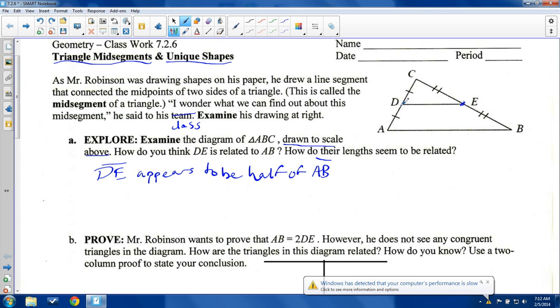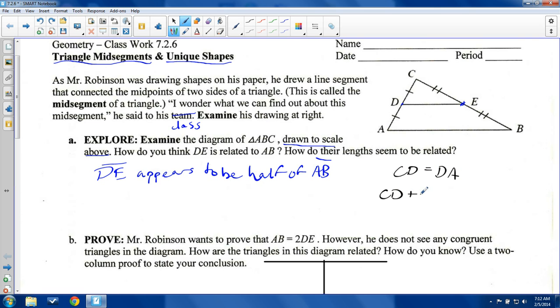Well, if CD is congruent to DA, then CD is half of CD plus DA. Because if CD equals DA in terms of length, I can take CD and replace it for DA. So CD plus CD equals 2CD. So CD plus DA equals 2CD. So this is twice the length of that.